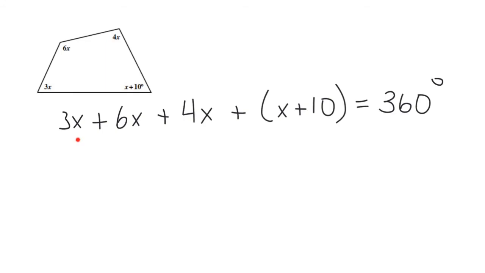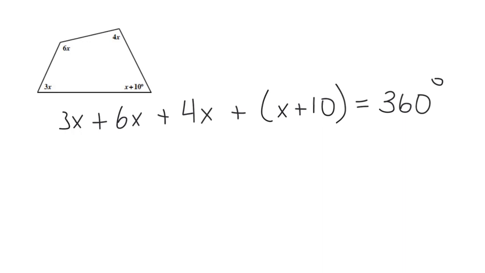Here's what your equation would look like: 3x plus 6x plus 4x plus (x plus 10). I've included brackets around this expression just so I know that these two terms, the x and the 10, were included together in this corner angle. Altogether, the sum should add up to 360 degrees. When you combine like terms on the left-hand side, we're going to disregard these brackets.